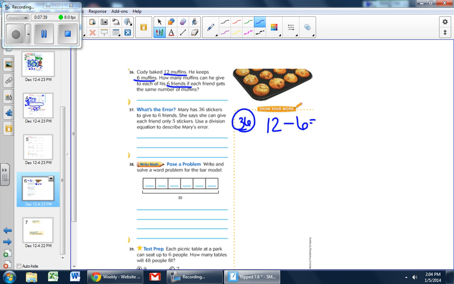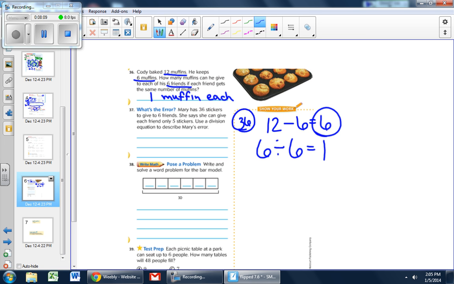So you have to subtract that 6 in order to find out how many he's willing to give away. Okay, 12 minus 6 is 6. Now he wants to share them with his 6 friends. So here's our number. We're going to do 6 divided by 6 friends. So each one's going to get 1 muffin each. Two-step problem.